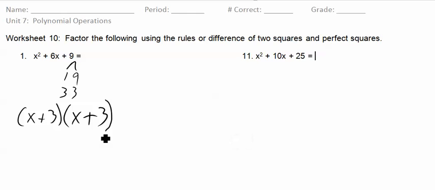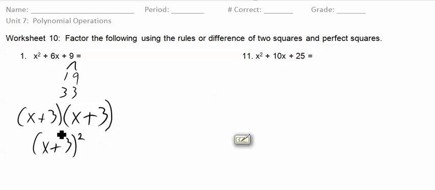Now, if we notice, though, that this is a perfect square trinomial, because it's x plus 3 times x plus 3, which can also be written as x plus 3 squared, if we notice that this one is that form, then we can just skip all of this and go right to this step.